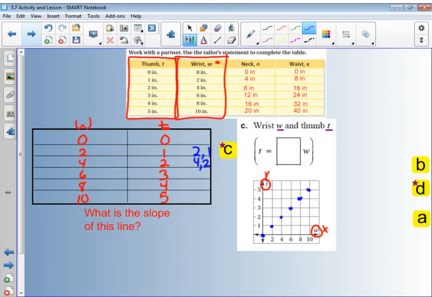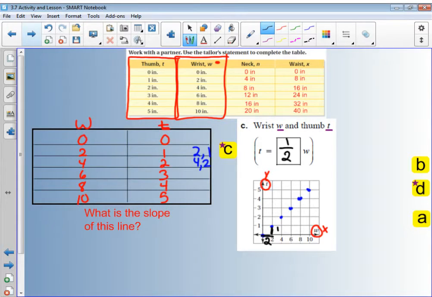Now we need to identify what our slope is. So our slope is our rise and our run. So when I look at this, our rise, well, that one spot there was actually worth 1. And our run this time went from 0 to 2. So our run was worth 2. So our rise was 1. Our run was 2. So we just found out that our slope is 1/2.